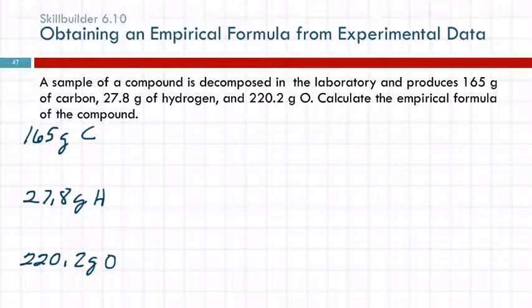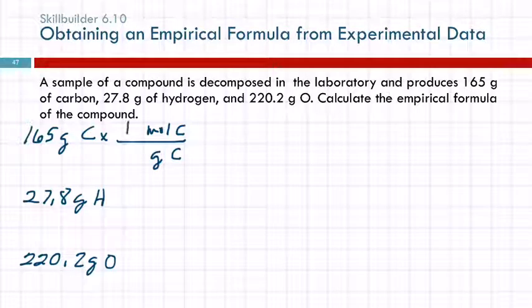I'm going to multiply by a conversion factor corresponding to the molar mass. So I have moles on top and grams on the bottom. I look on the periodic table. 1 mole of carbon is 12.01 grams. The grams cancel out. So I get 165 divided by 12.01.